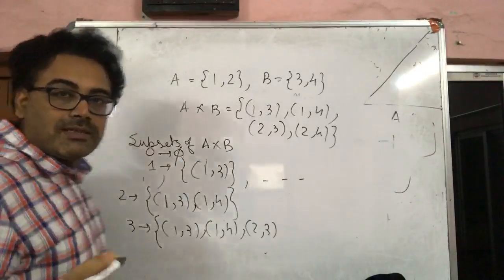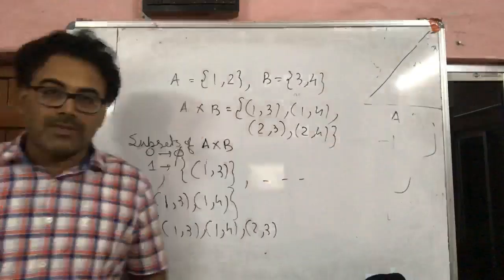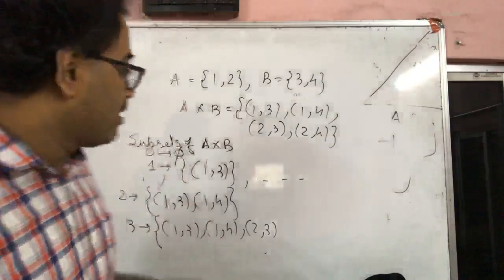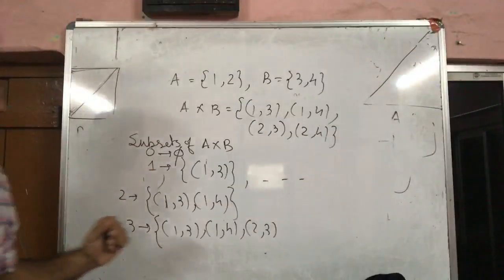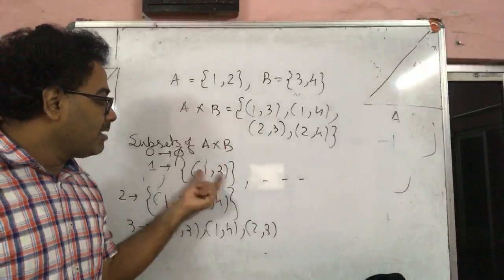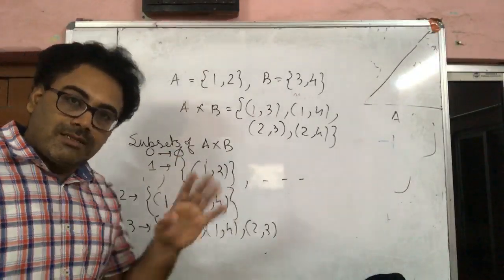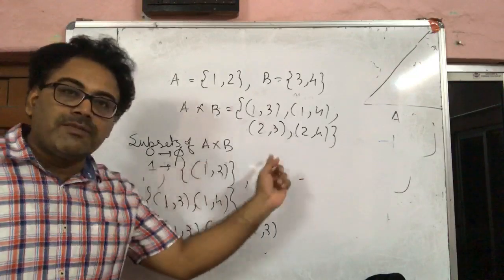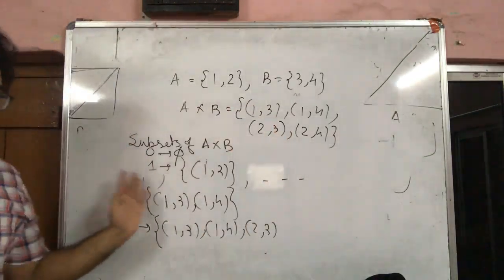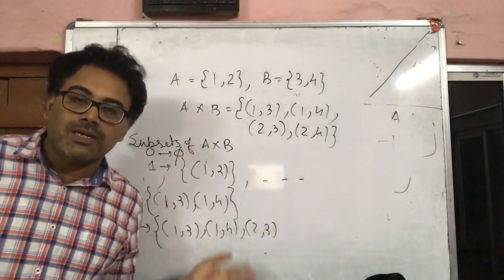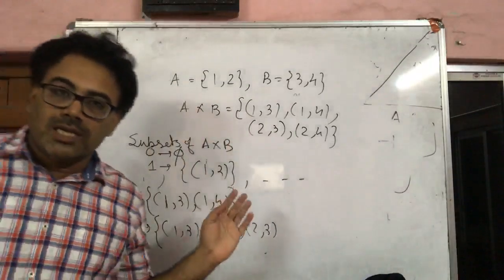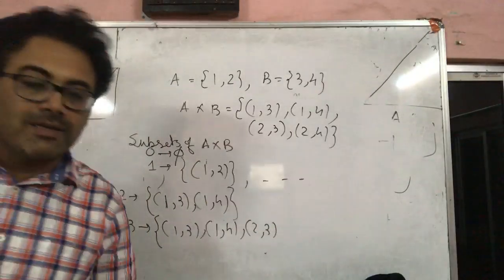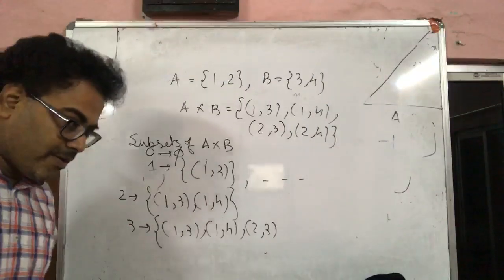Phi is the null set, it is a subset of every set. And then 1 element subset, then 2 element, 3 element, and 4 element subsets. Write them and tell me how many subsets are coming. Do it fast, everyone.